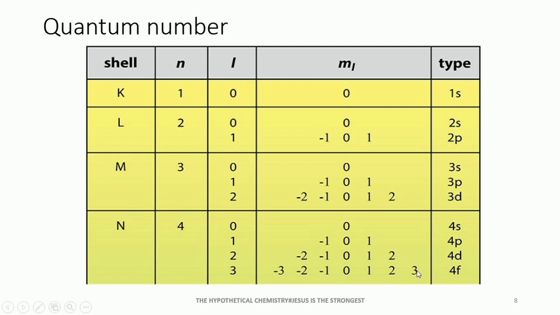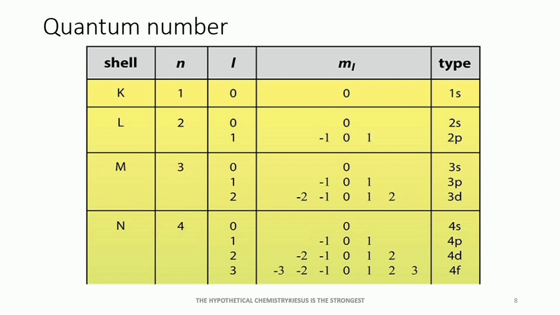So in total, we will get 16 orbitals within the 4 shell. So that is how we determine it.